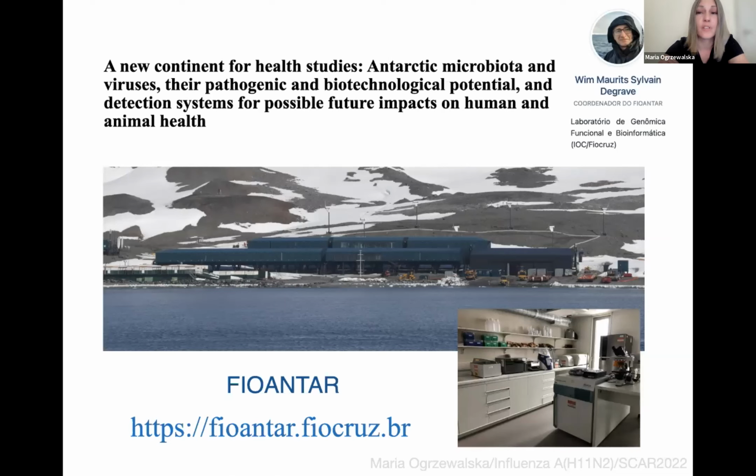It is coordinated by Hindell. The idea of the project is to investigate bacteria, fungus, and viruses in Antarctica, in the South Shetland Islands, with the support of the Brazilian Navy and the Comandante Ferraz Antarctic Station, where you have a lab, newly opened since 2020.